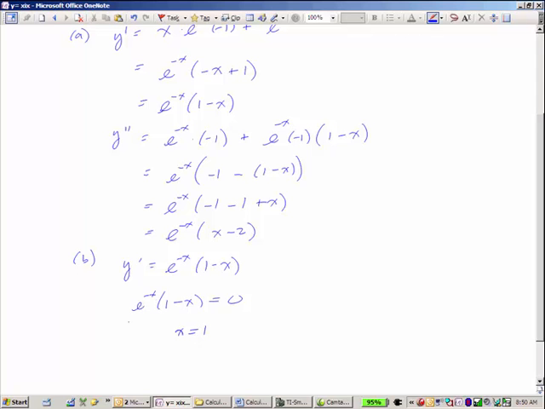As a matter of fact, e raised to something is never 0. E raised to anything is always going to be a positive number. So e to the negative x is never going to be 0, and 1 minus x, if x equals 1, that's going to be a critical point.